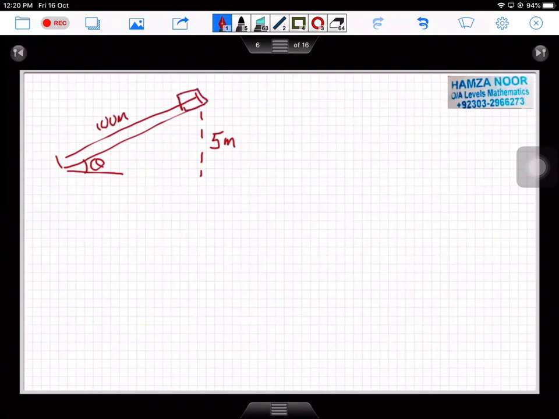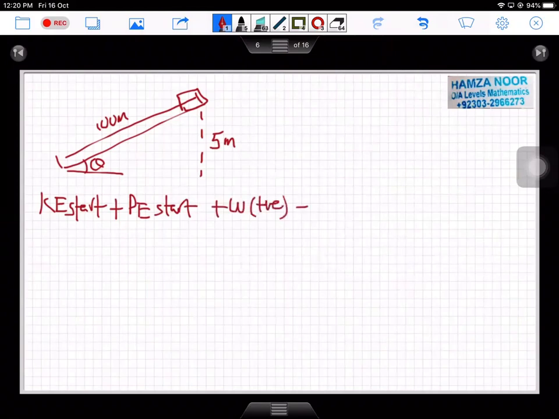So considering the work energy relationship over here, same thing: kinetic energy at start of the journey plus potential energy at start, because we are starting from the top, plus work done positively minus work done negatively is equal to kinetic energy at end plus potential energy at end.